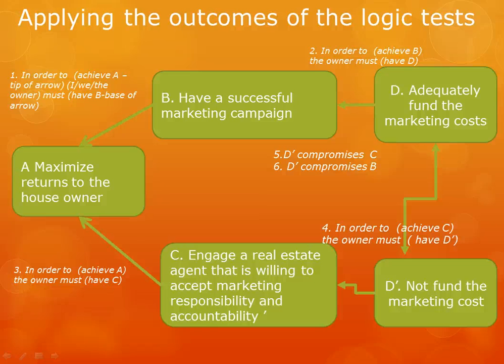And similarly, this one here, if we want to engage a real estate agent that's willing to accept marketing responsibility and accountability, then should the owner adequately fund the marketing costs? And again, we say, well, if the agent is going to assume responsibility, then if the owner pays that marketing or funds the marketing costs, is the agent really accepting that responsibility? And again, we would say no, there's a compromise there.